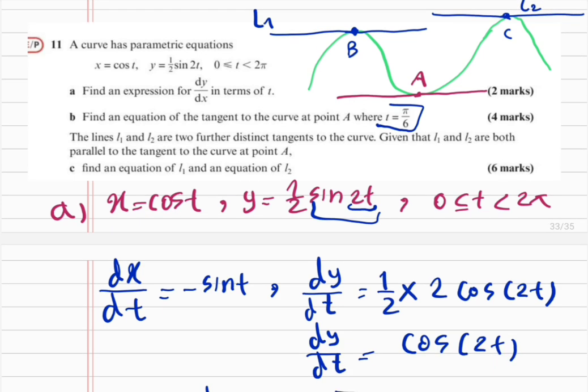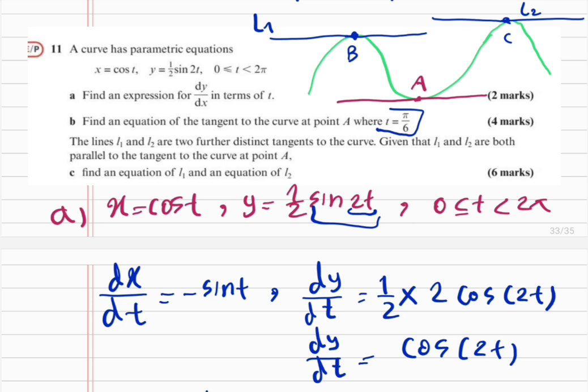As you can see, we have two more tangents to the curve at different points. So this is crucial. And all of them are parallel to the main tangent that we found in part B. So now the question is, find an equation of L1 and L2.